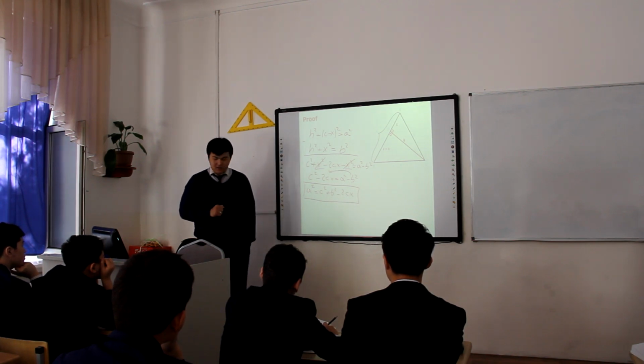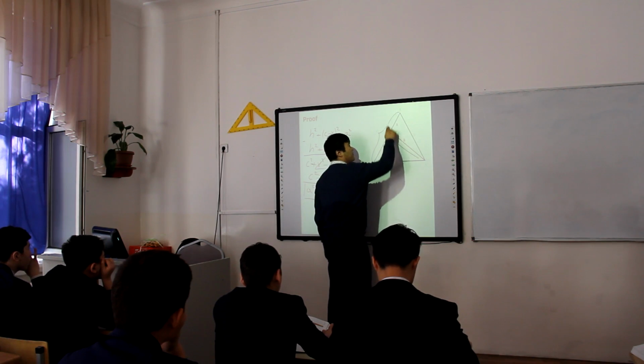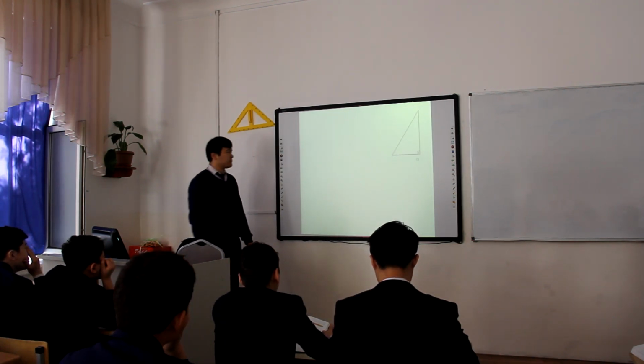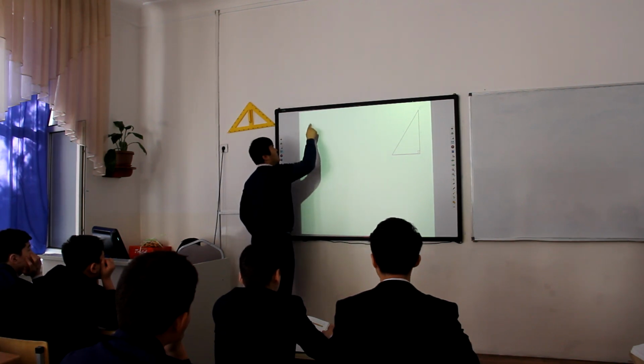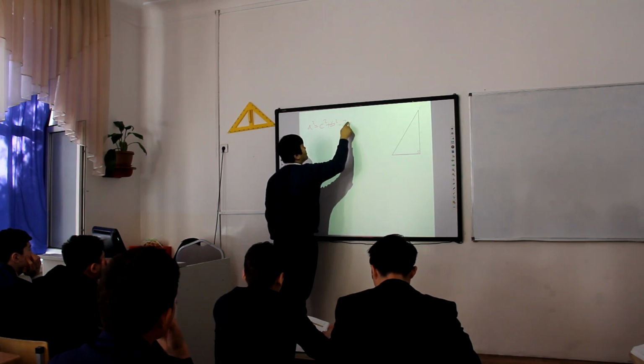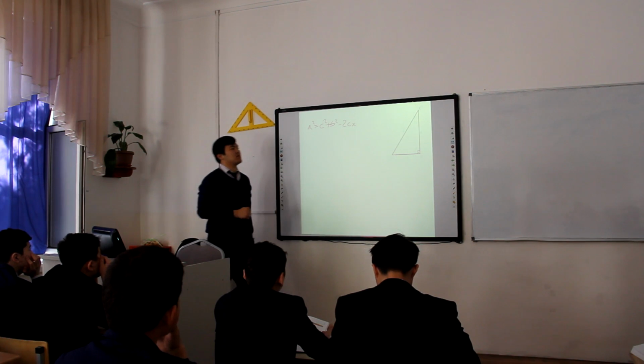Now remember this one, and let's look at this triangle only. For this triangle, a squared is equal to c squared plus b squared minus 2cx. Is that correct? Yes. We came to this part.